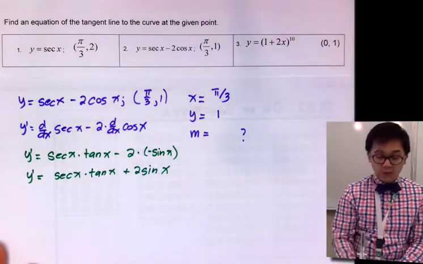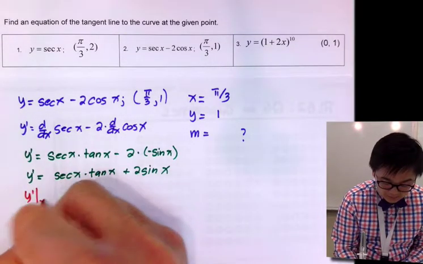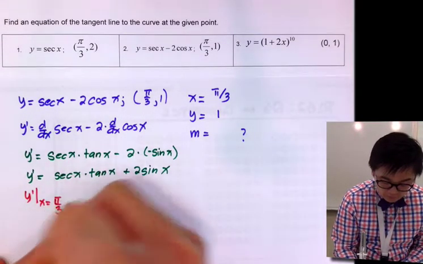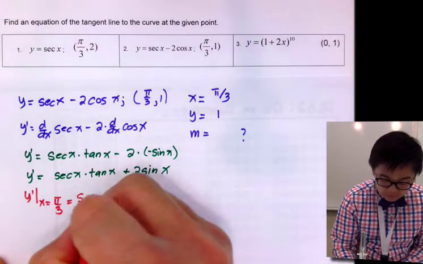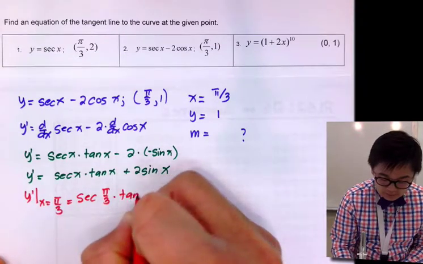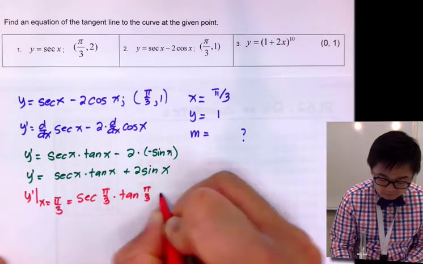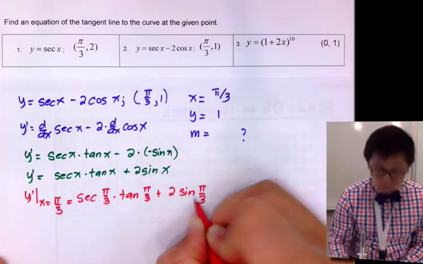All we need to do now is evaluate the derivative at x equal to pi over 3, so we replace all the x's with pi over 3. We'll have secant pi over 3 times tangent pi over 3 plus 2 sine pi over 3.